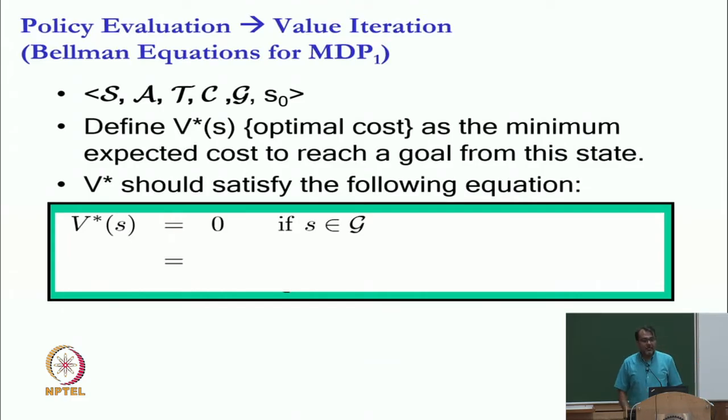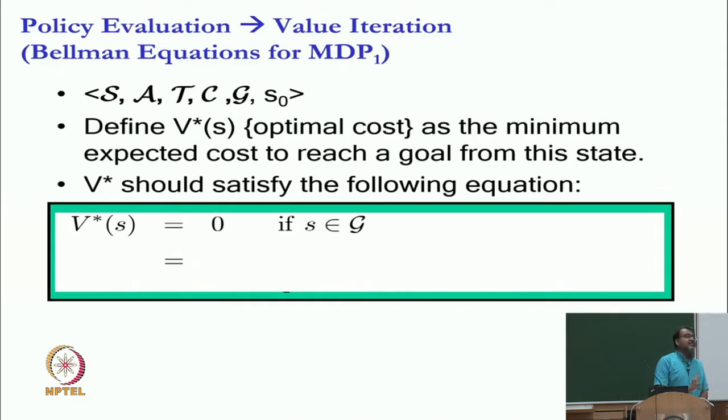Okay. So now I am not giving you a policy pi. I want you to compute the value of the best policy. I want you to compute the optimal value starting in state S. So I am making some changes.